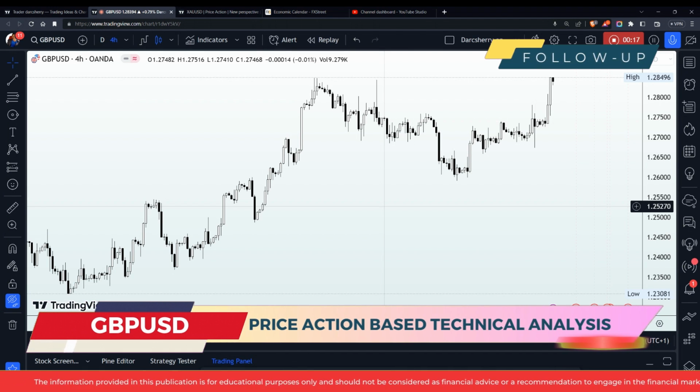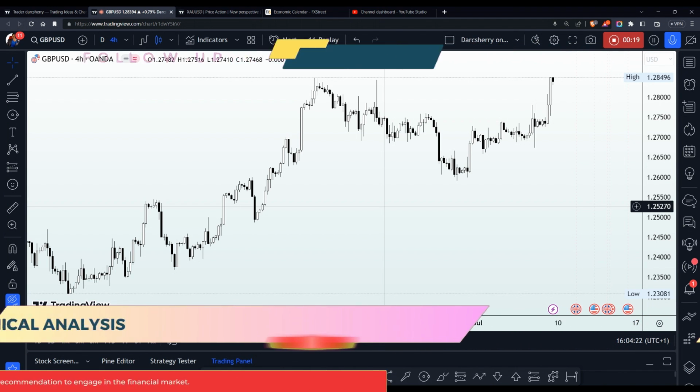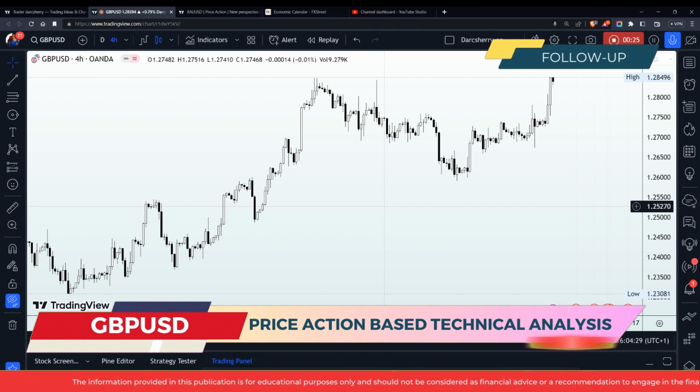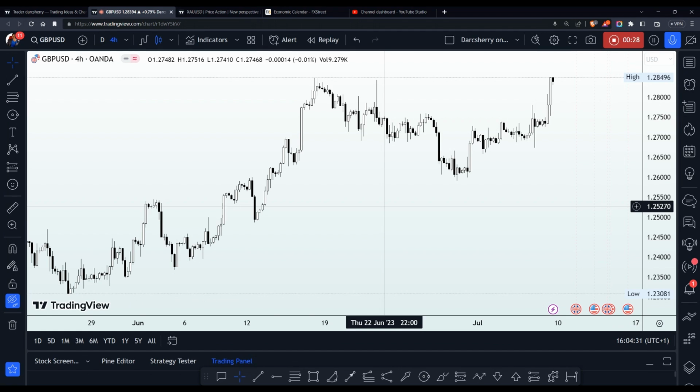I'm absolutely thrilled to present to you another insightful analysis with fresh new perspectives and discoveries. Trust me, I have conducted a deep exploration of the current market structure of the pound sterling for you.